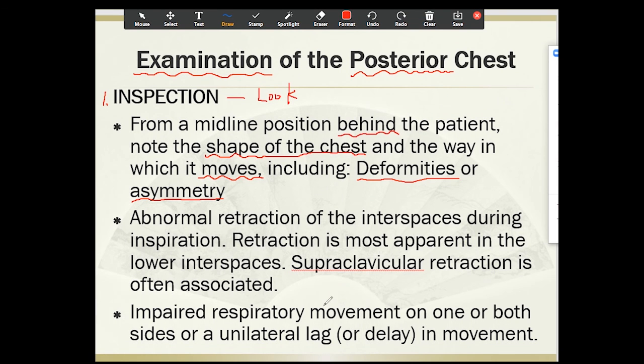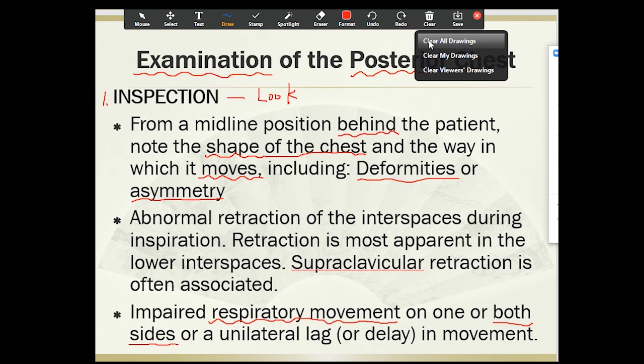And we also specially look at the respiration movement; both sides should be the same. If one side moves faster and one side moves slower, that's abnormal. So that's basically what we look for.